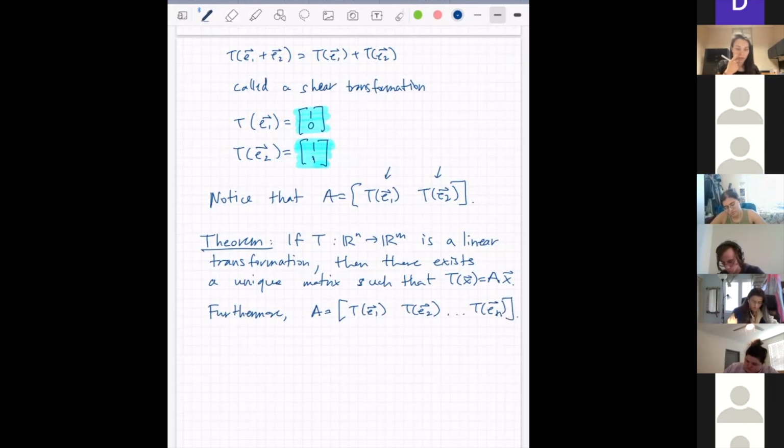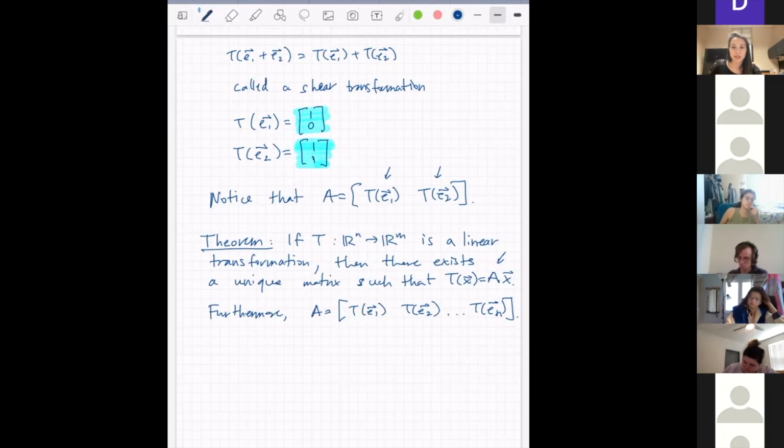Okay. And so that's how we'll find the matrix, and that's how we'll know it exists, right? Okay. So not only is this a nice way of writing down linear transformations and not having to check that they are linear, it's also a unique description of any linear transformation, right?